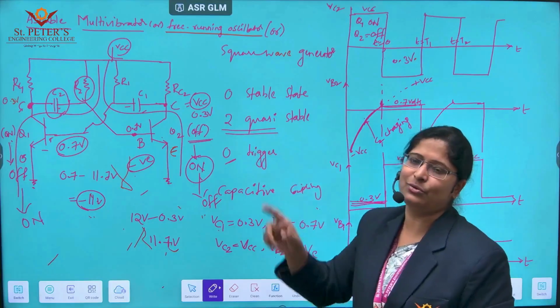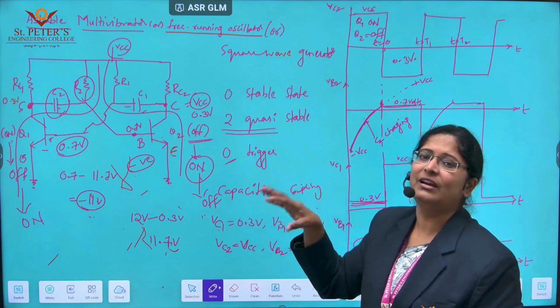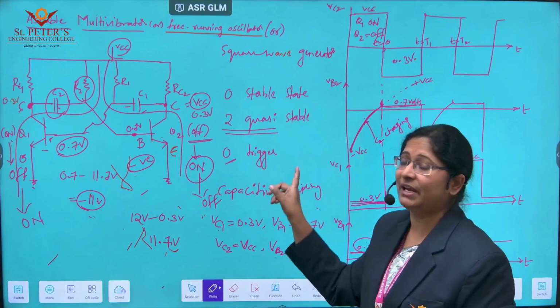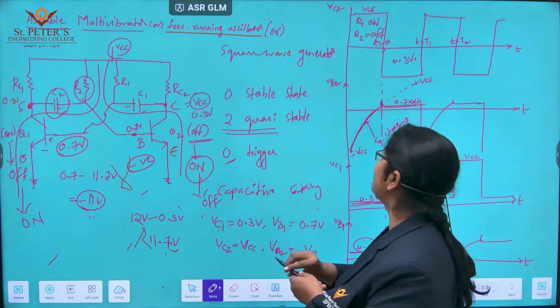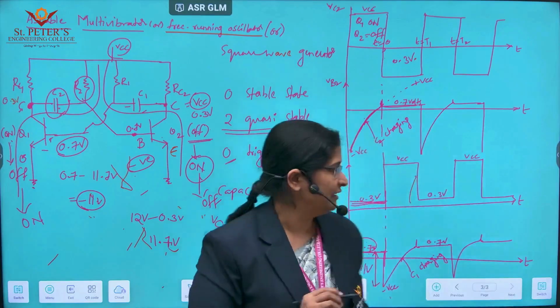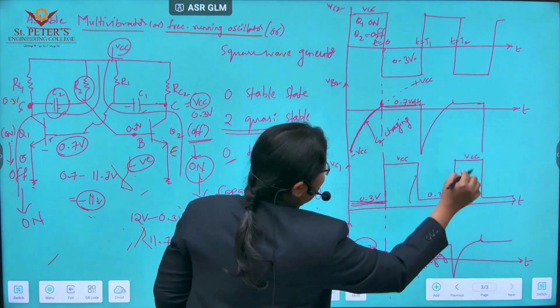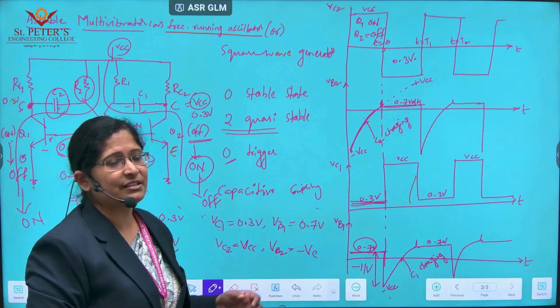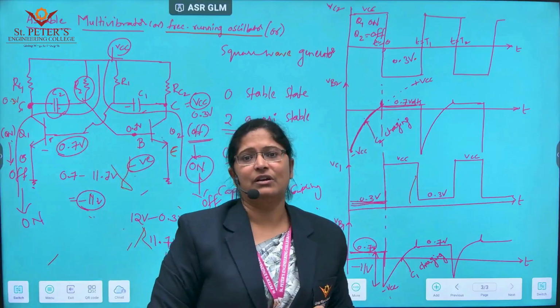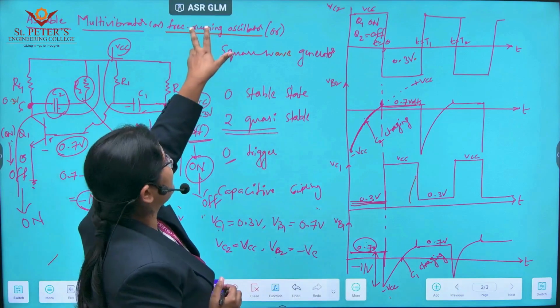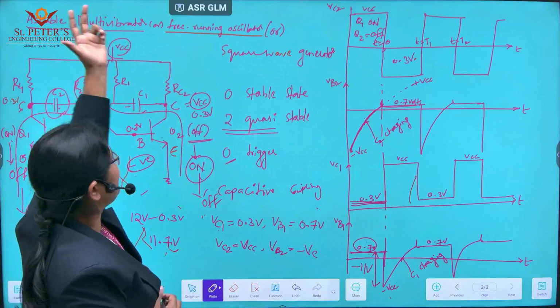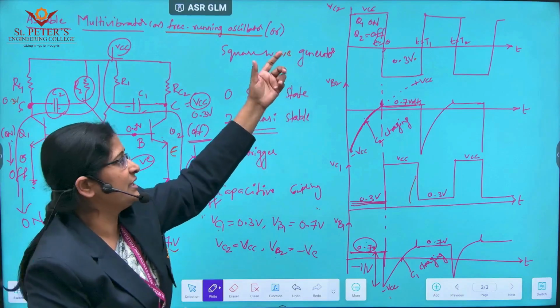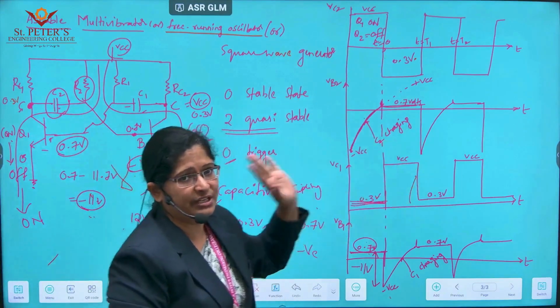Hence we have two quasi-stable states, and all this explanation is without applying any external trigger; the outputs are continuously changing. Hence it generates square wave oscillations. So the Astable multivibrator is also called a square wave generator, as it produces square wave oscillations.